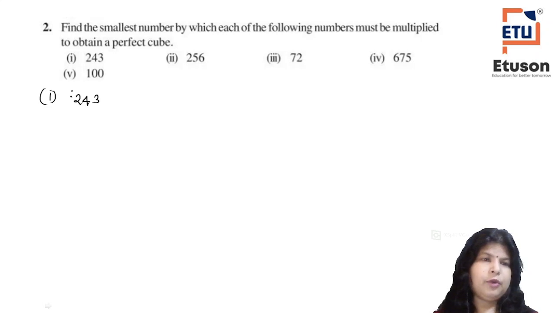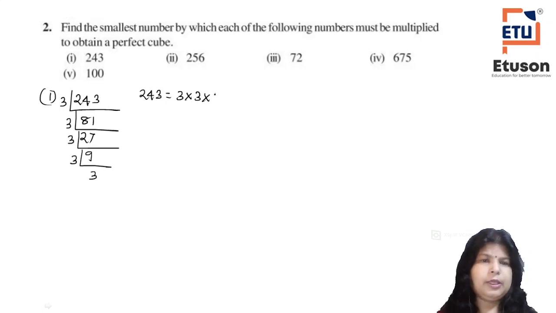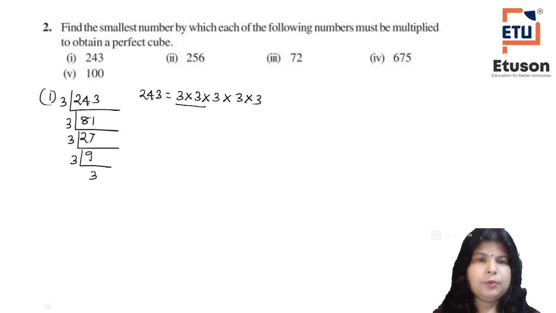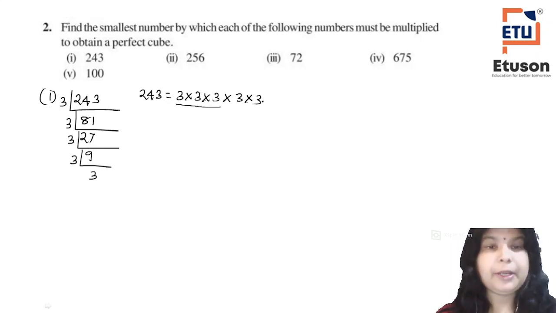So 243 divided by 3, you get 81, divided by 3, you get 27, divided by 3, you get 9, divided by 3, you get 3. So 243 is nothing but equal to 3 into 3 into 3 into 3 into 3. So you could form one triplet of 3.